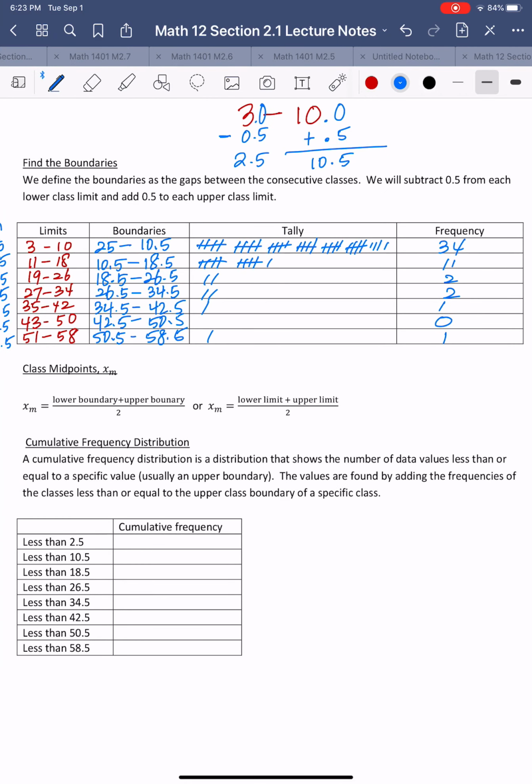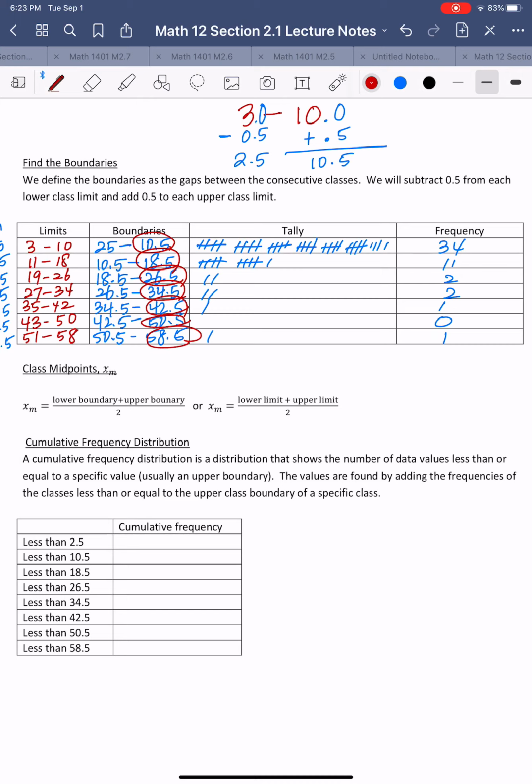And then the cumulative frequency distribution shows the number of data values less than or equal to a specific value, usually the upper boundary. The values are found by adding the frequencies of the classes less than or equal to the upper class boundary of the specific class. So less than 2.5. What I do is use the upper boundaries, which are these numbers.